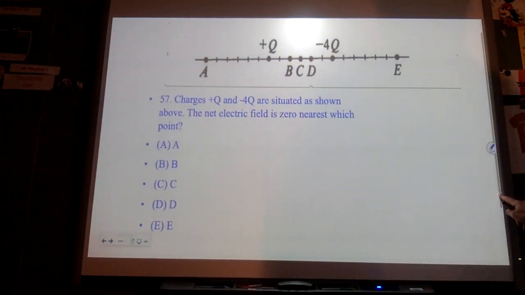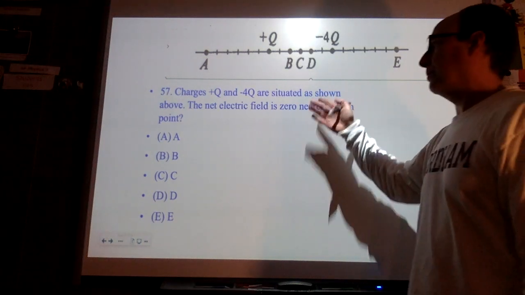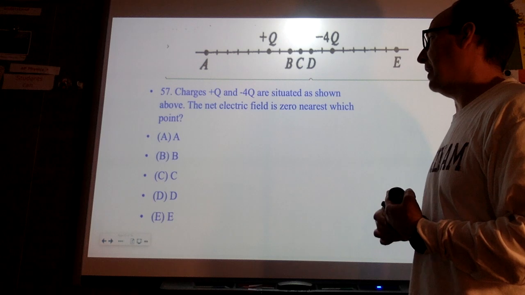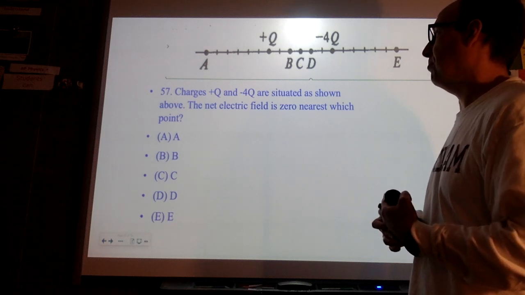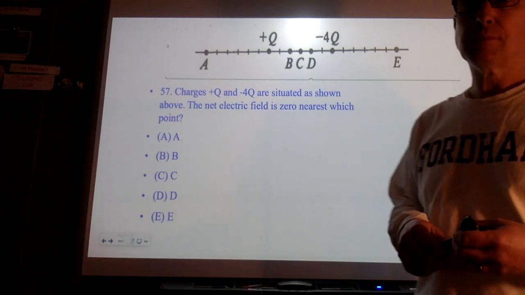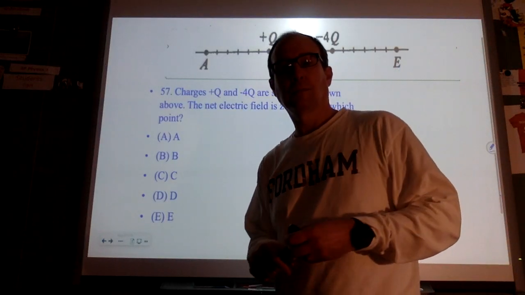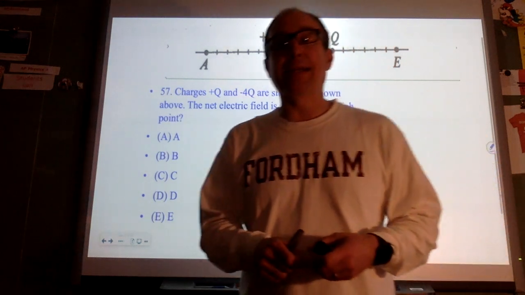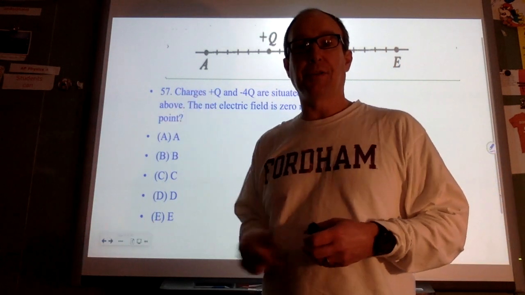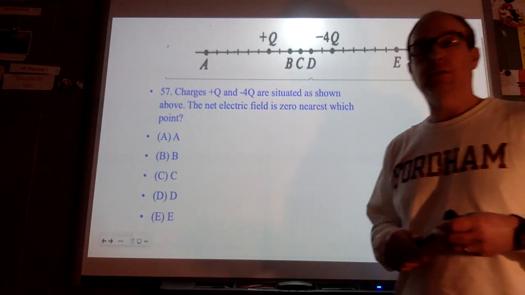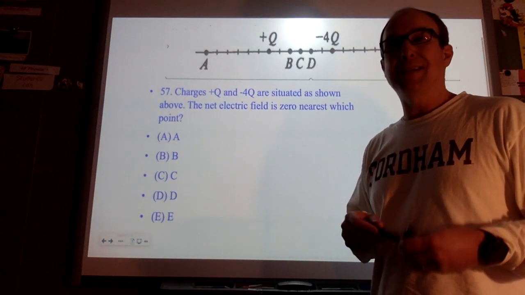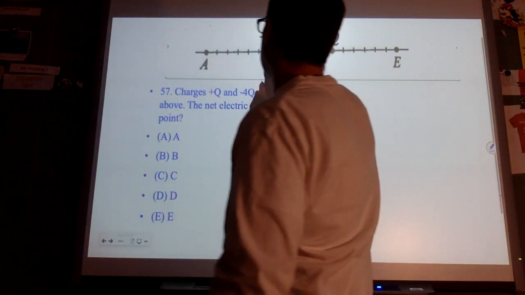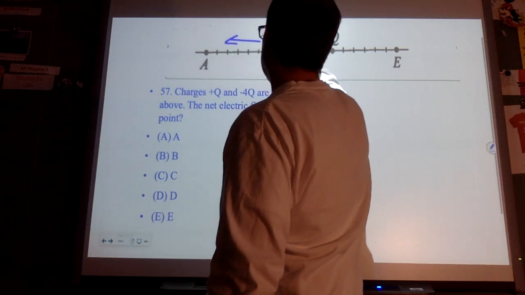All right, so charges plus Q and negative 4Q are situated as shown above. The net electric field is zero nearest which point? So to cancel these out, because one is 4 times bigger than the other, you're going to have to be twice as close to the smaller one. The electric field from this one is going to go away on both sides.